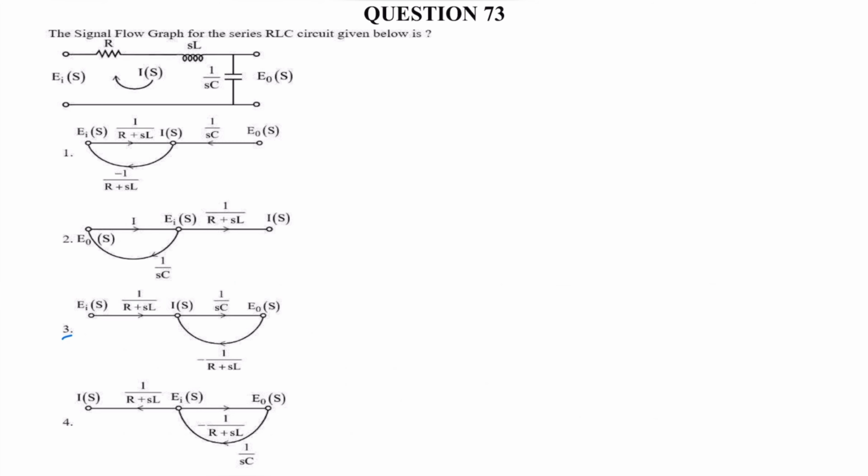Next, for this series RLC circuit, just consider option 3. For this option 3, the number of forward paths is 1, so this is a forward path, and the number of loops is only one loop.